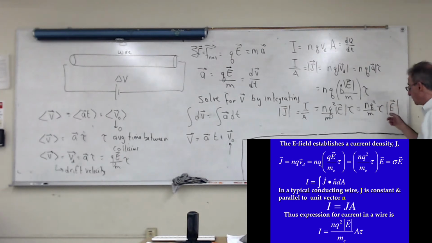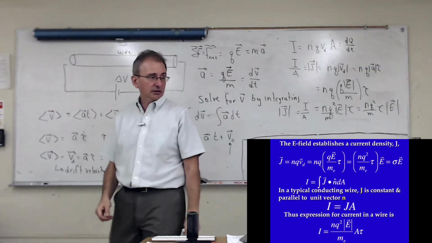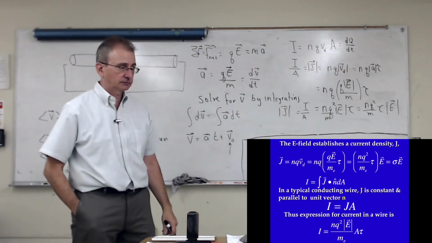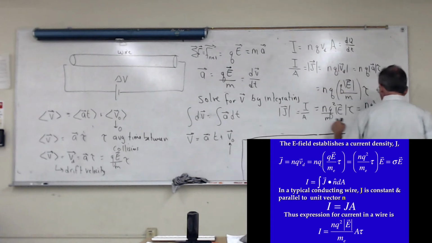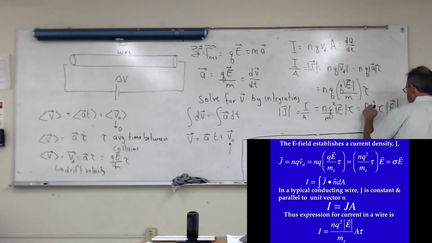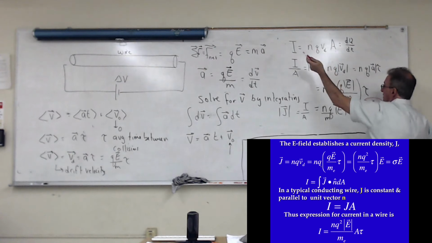So what does this depend on? It's basically some constant times the electric field. So J is some constant times the electric field. This whole thing is a constant. I don't know if you remember, this is the number of charge carriers per unit volume. This is the value of the charge, which is in this case going to be the electrons.